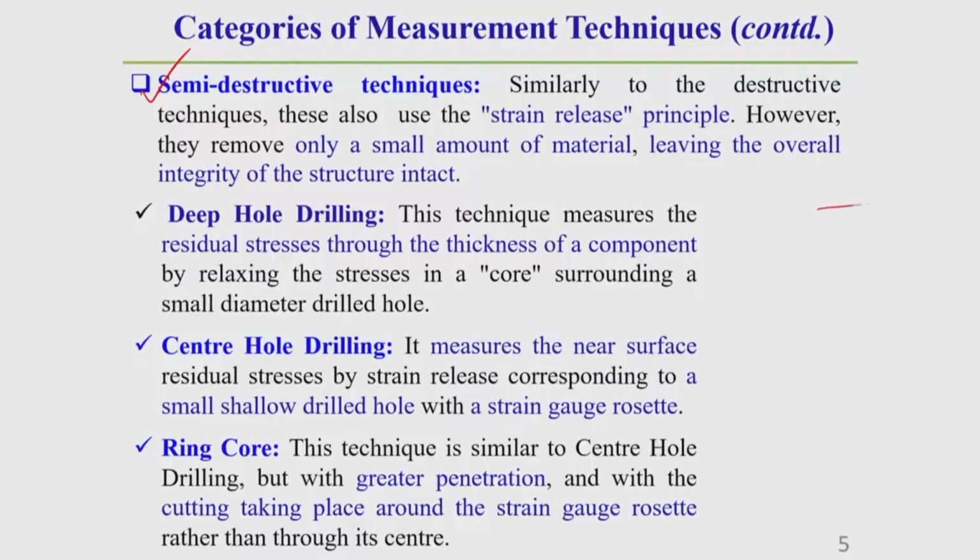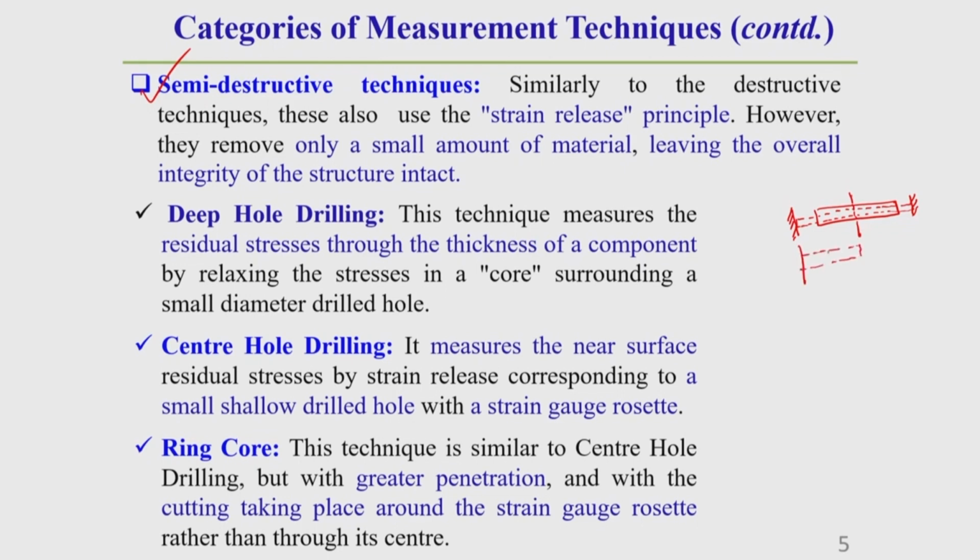That means here also we use the strain release principle. Strain release principle means this is a body which is subjected to some deformation. After deformation, let the shape become like this, and after that we fix this deformed part. Now, if we cut this dotted layer, this dotted length was this much.